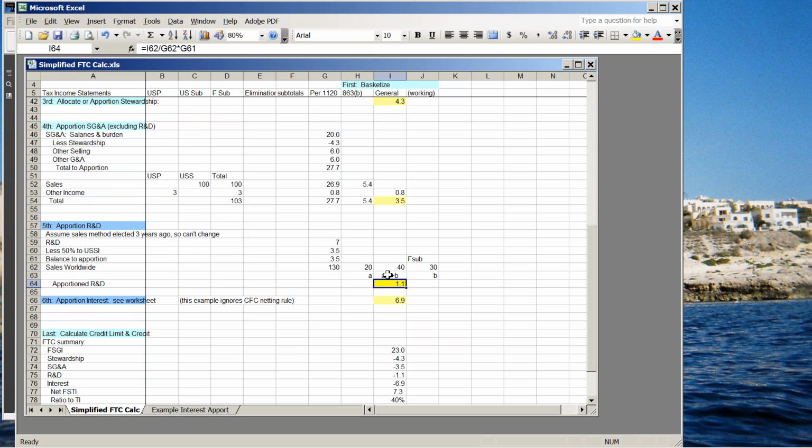With R&D, we get to choose once every 5 years whether we're going to apportion it based on worldwide sales or 1120 gross income. If we're using the sales method, 50% of the R&D costs get allocated to wherever the R&D was incurred, in this case, in the US. And the other 50% get apportioned.